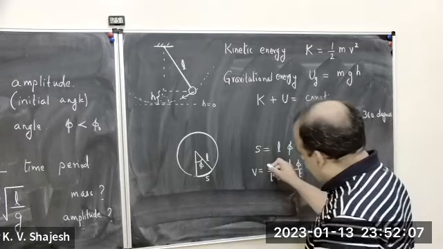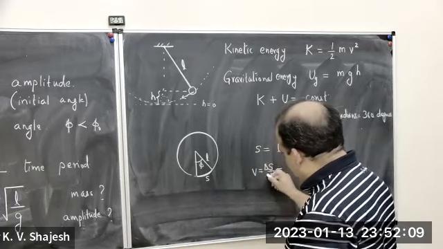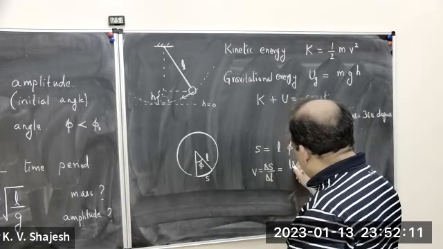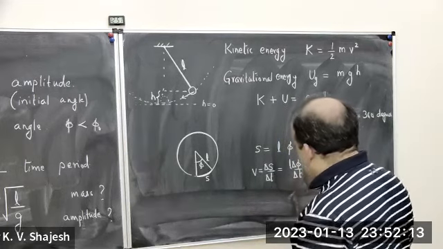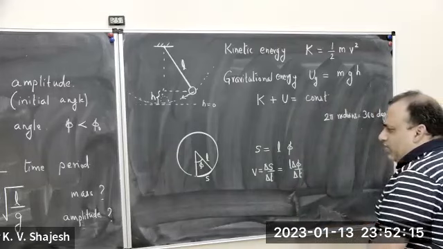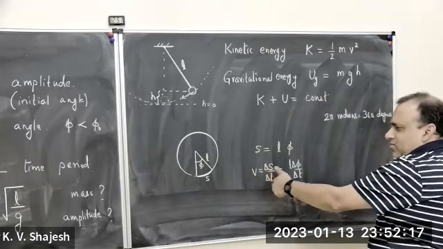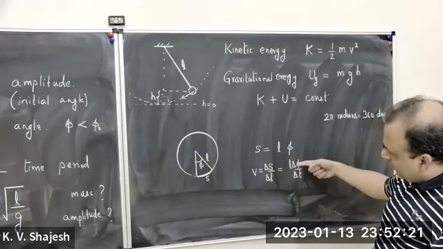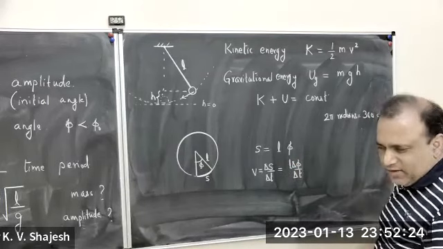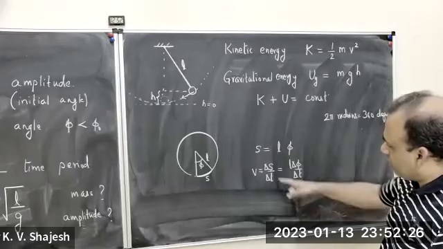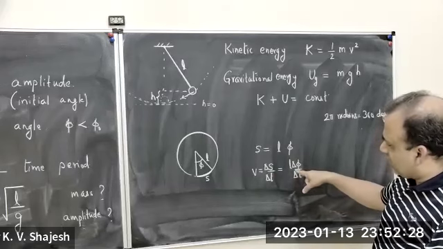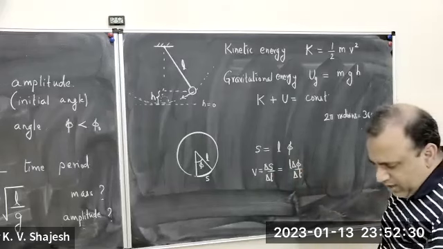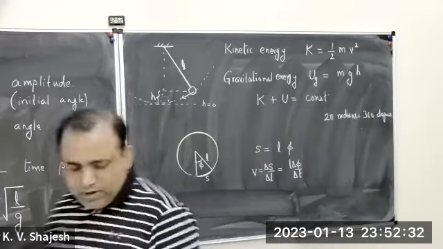That's your change in angle over change in time. So basically what we are saying is that velocity, instead of being the change in distance over time, if you take out the radius, it is basically the change in angle over time. So velocity is radius, which is length L in this case, times the change in angle over time.